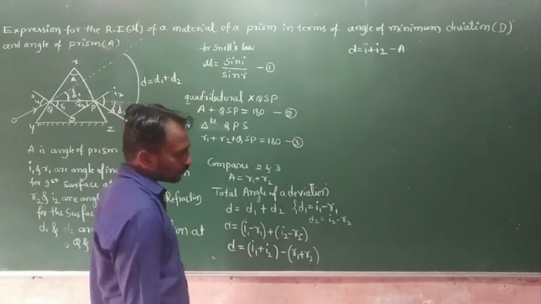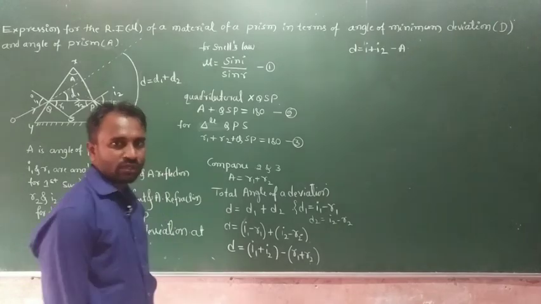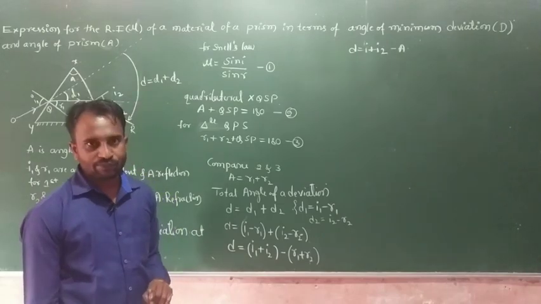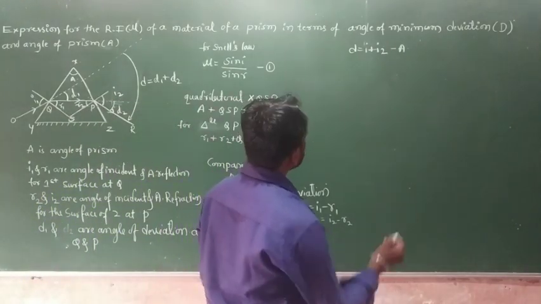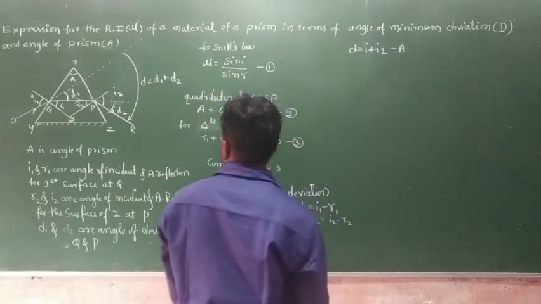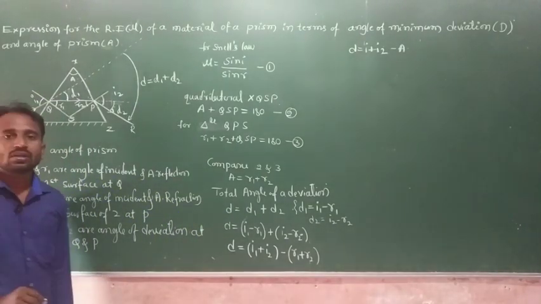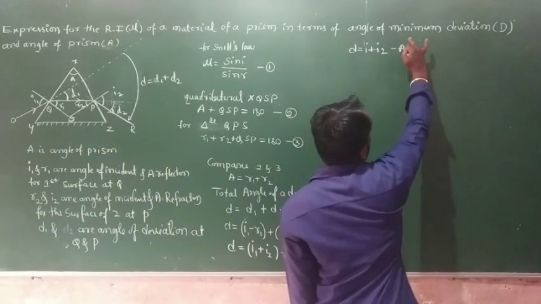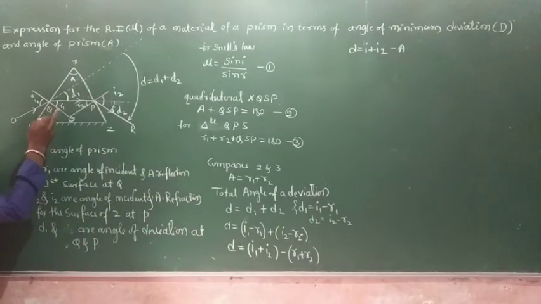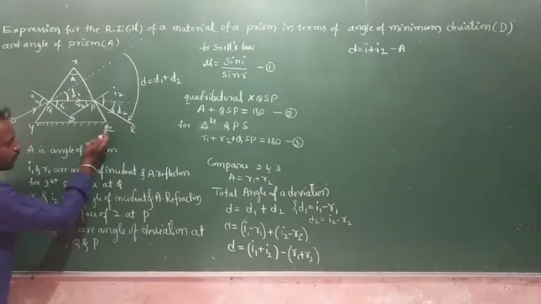Okay, so according to Snell's law, sin I divided by sin R. Here we want to calculate the angle of incidence and angle of refraction. I is the angle of incidence, R is the angle of refraction. For a minimum angle of deviation, the refracted ray is always parallel to the base of the prism.